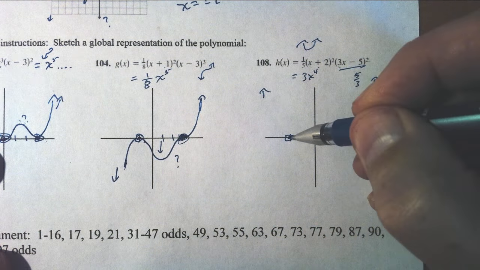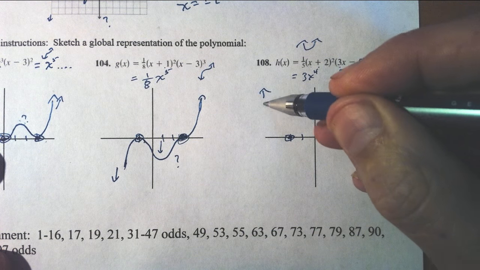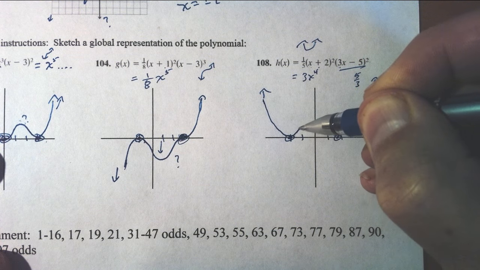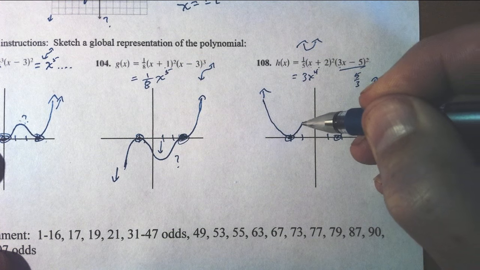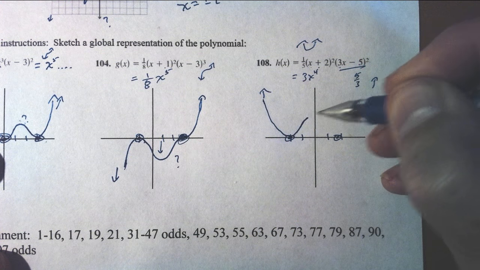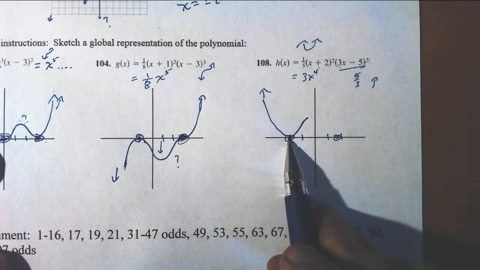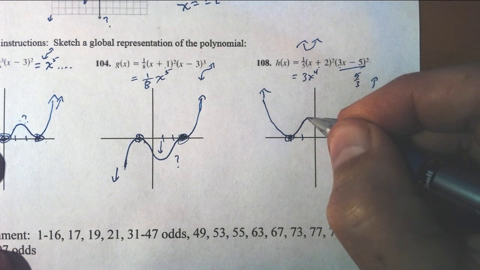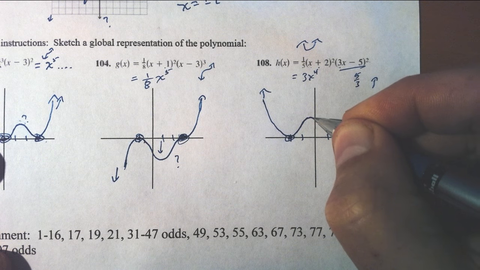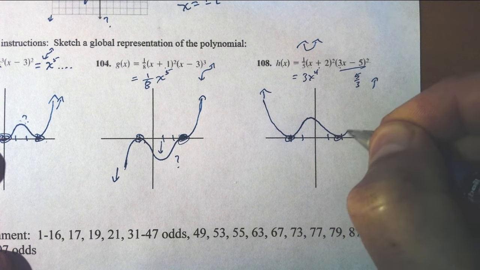This has to touch. It has to be coming down. It has to go back up, act like a parabola. Okay, at some point it starts coming back down. I don't know where the max or min is. Maybe because this is further to the left than that, maybe the max is over on this side. I'm not sure of this. Has to come down, touch, and head back up.